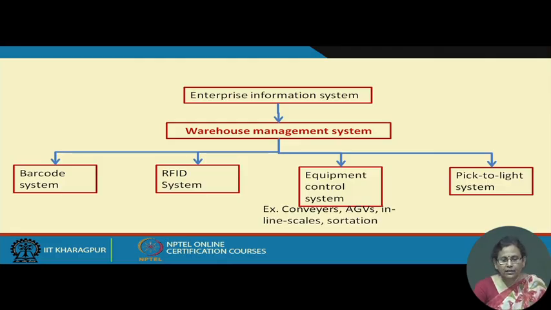So, this shows how a warehouse management system, which carries out the activities we have discussed just now, gets information and sends information to various other subsidiary systems. For example, it gets data from and sends data to the enterprise information system.